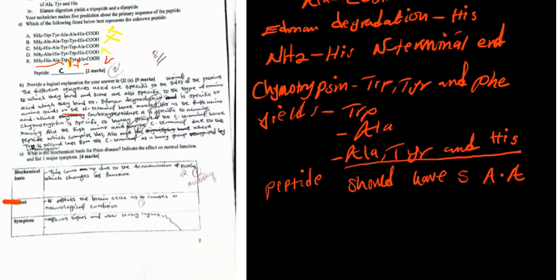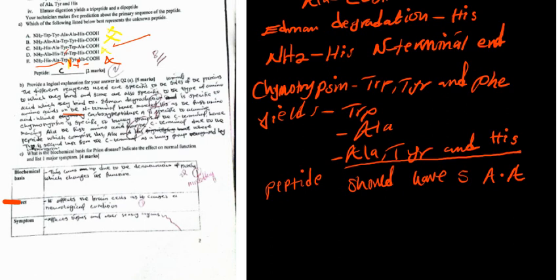As you can see, when you cut using chymotrypsin, you are going to cut after tyrosine. When you cut here, you have histidine, alanine, and tyrosine, which is what was suggested here as the yield.